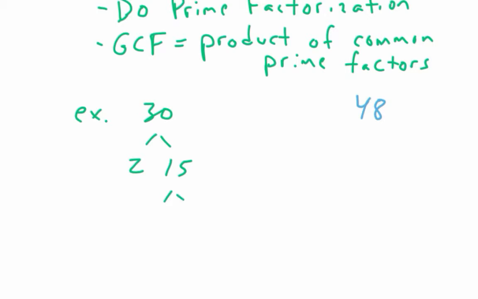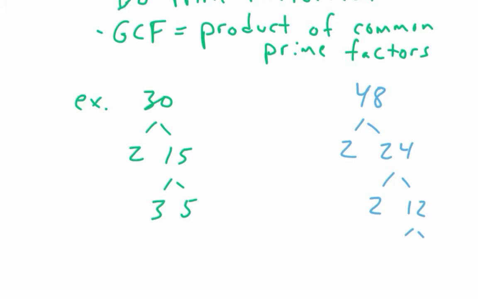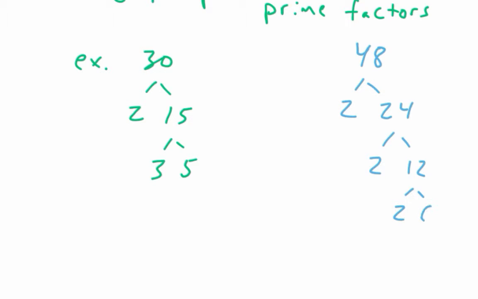Unfortunately, 15's odd, but 15 could not be divided by 2, it could be divided by 3. And that gives us a 5, yes? So 2, 3, 5. If I do the same with 48, I'm going to start with 2, and I'd have 2 and 24. Still even, so I'm going to pull another 2 out of there. 2 and 12. So 2 and 6.